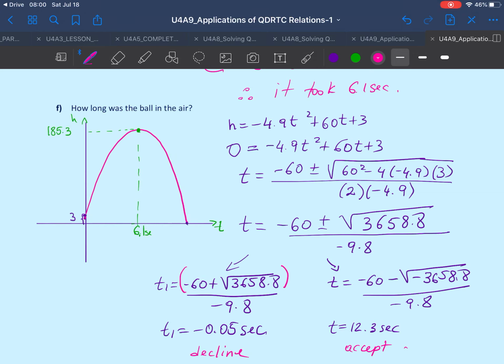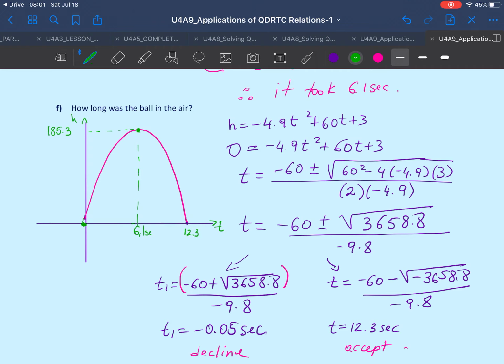But now we want to understand what they mean though. So why did we get negative time? Remember that in our case in here, we had the ball thrown from a certain height. So the reason why we get that negative 0.05 is because if the parabola was to be presented here with all its symmetry, then this would be the 0.05 time, this little fraction of time right here in the negatives, okay? And that's where we get it from.